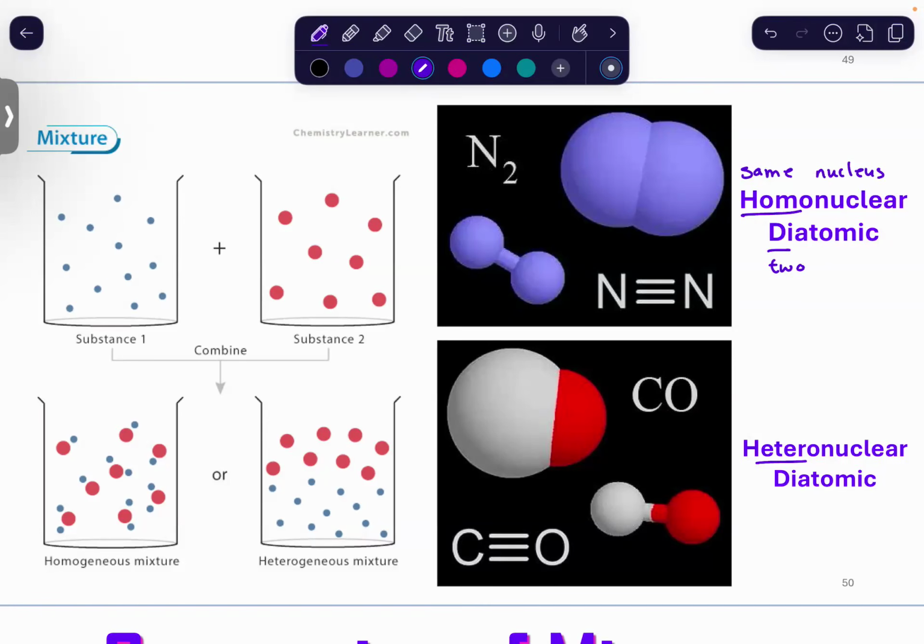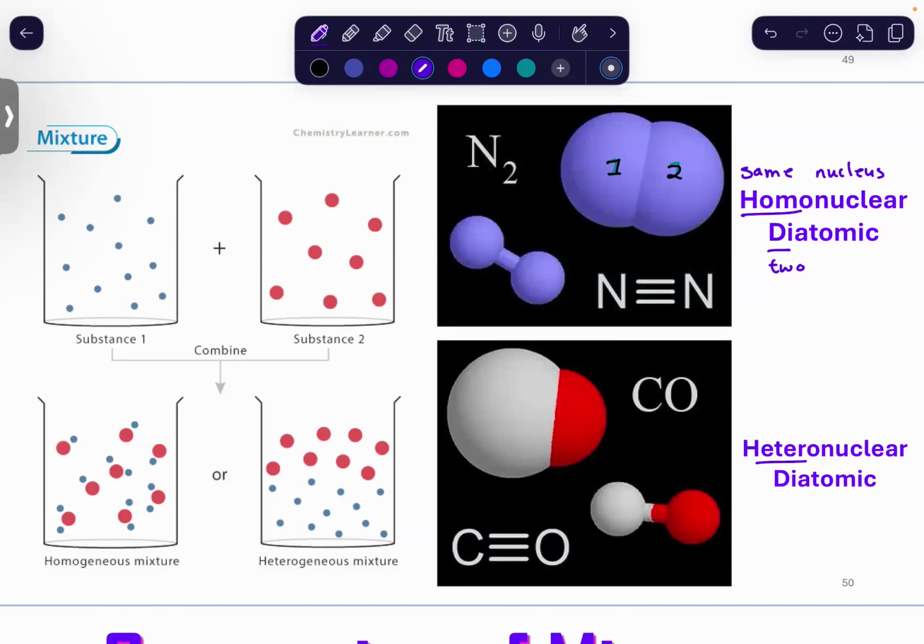Don't confuse this with ammonia, which is NH3. Even though it's only nitrogen and hydrogen, it's heteronuclear, and it's not diatomic because there are four atoms involved, one nitrogen and three hydrogens. So your diatomic has to be two atoms, and that's going to be your nitrogen one and nitrogen two.